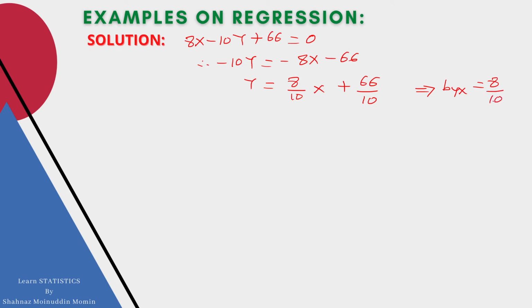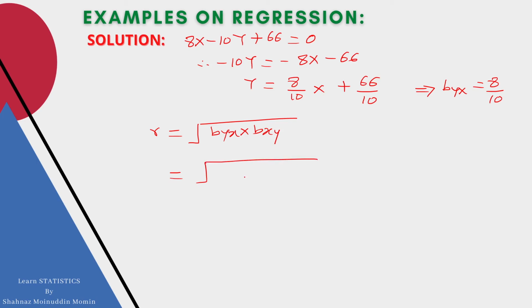From the property of regression coefficients, we know that the correlation coefficient between x and y is given by r equal to under root of the multiplication of byx into bxy.